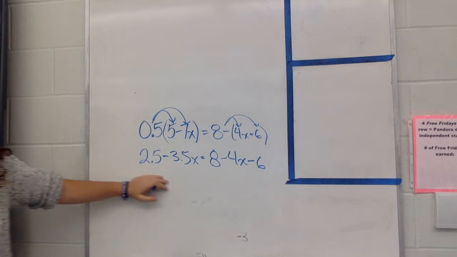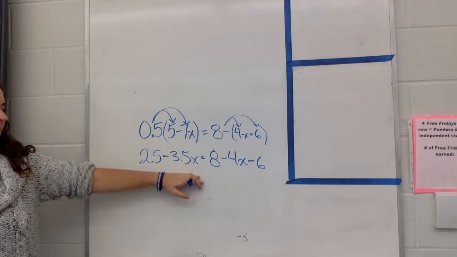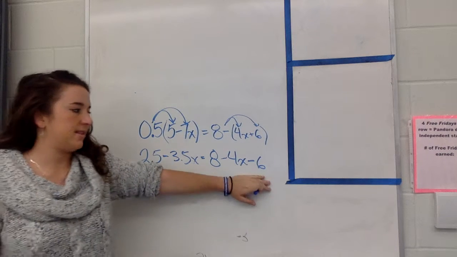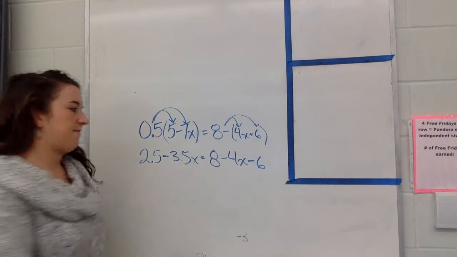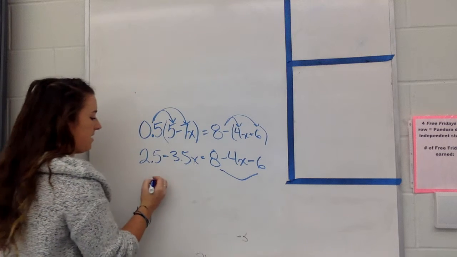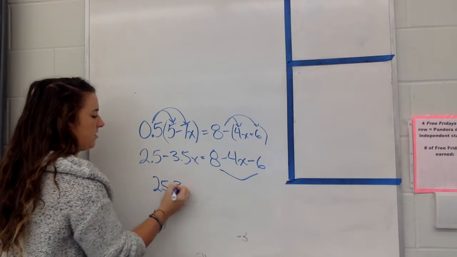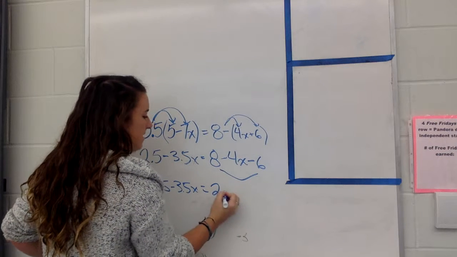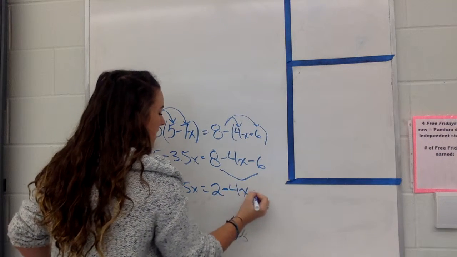Once I'm distributed, I look on both sides of the equation, see if I can simplify it more. Can you simplify this anymore? Nope. What about this side? Yes, because we have like terms. So this will be 2 and 5/10 minus 3 and 5/10 x equals 8 minus 6, minus 4x.